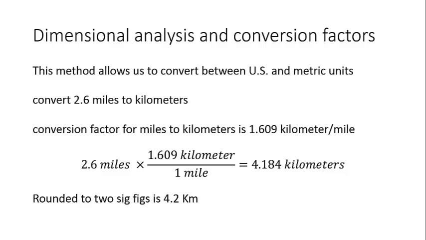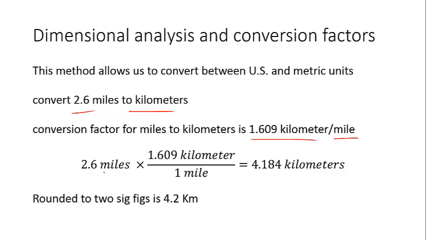This method also allows us to convert between US and metric units. Say that you wanted to convert 2.6 miles to kilometers. Well, the conversion factor for miles to kilometers is 1.609 kilometers per 1 mile.